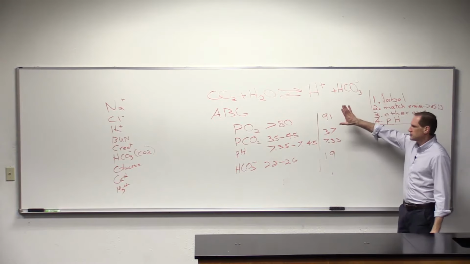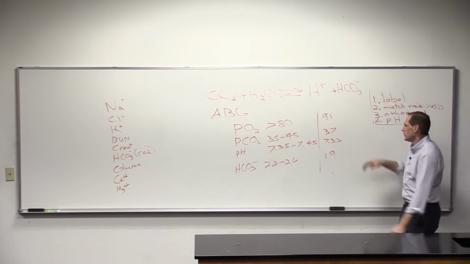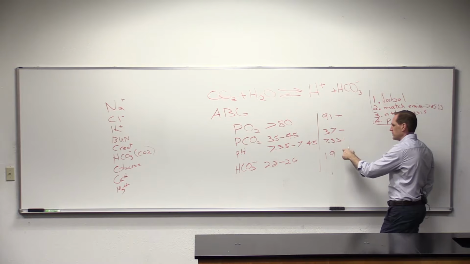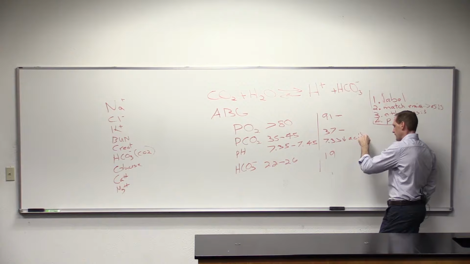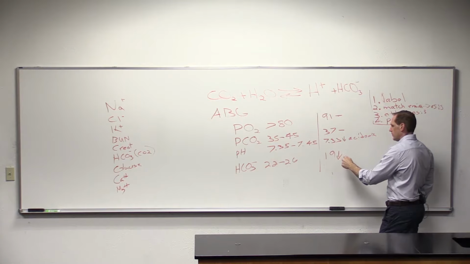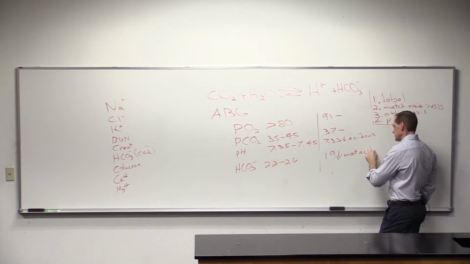All right, so oxygen levels, 91 normal. PCO2, 37, normal. pH, 7.33, low, acidemia. Bicarb level of 19, low, metabolic acidosis. So what's our primary?